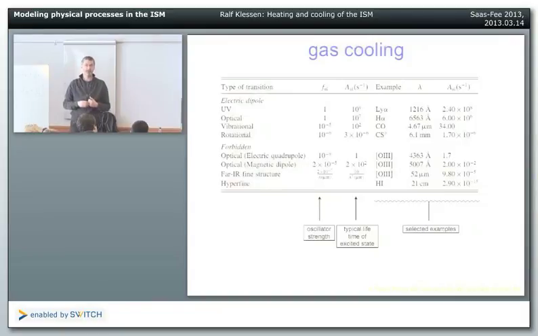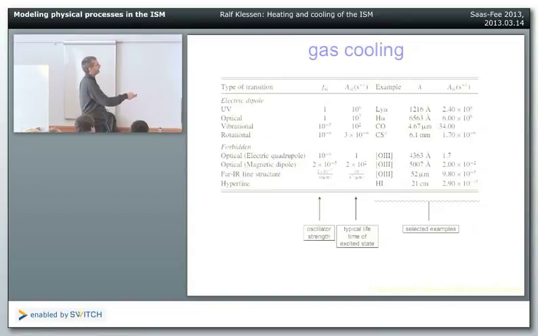Because they are electronic transitions, typical energies are of order electron volts. Vibrational, the entire, let's say, carbon monoxide molecule oscillates, with typical energies of 1/10 to 1/100th of an electron volt, and the rotational transitions are the ones that have the lowest energies.